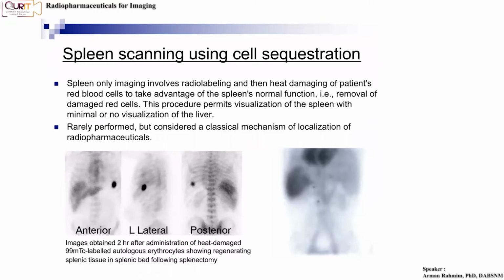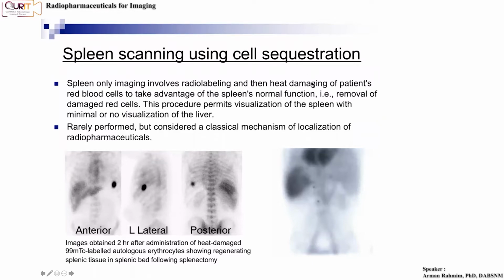Well, imagine if you take red blood cells out of the body, and then you heat damage them, and then you re-inject them into the patient. Once they end up in the spleen, the spleen starts to deal with them, right? The spleen stops them from further flow, and therefore you will see this lighting up, because there's cell sequestration happening by the spleen because these cells have been damaged.